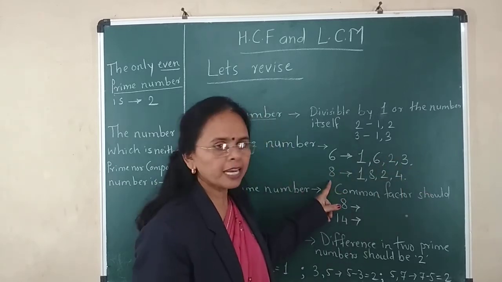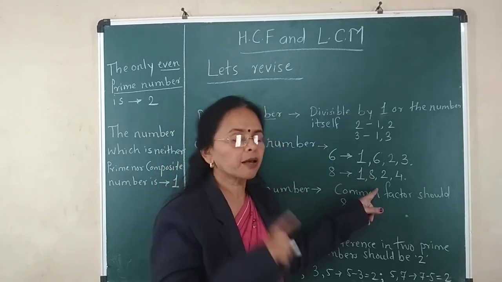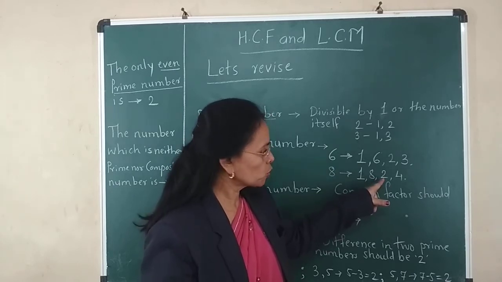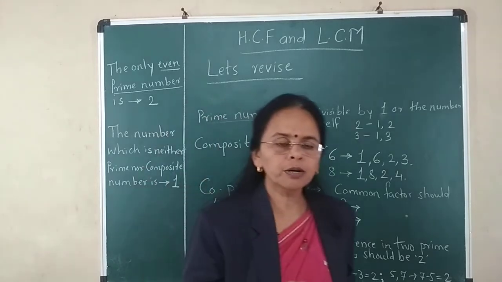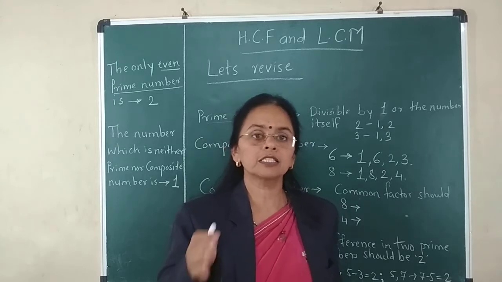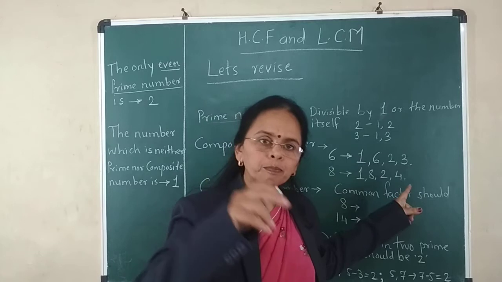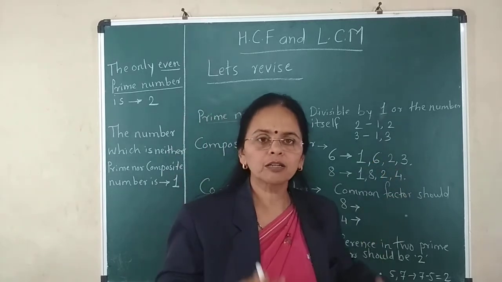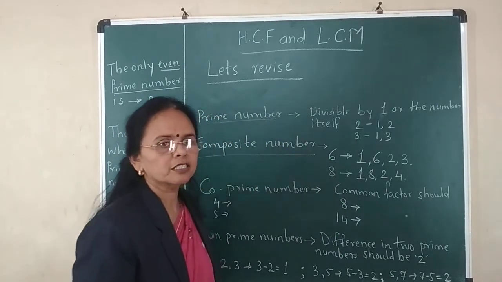In the same way, 8 comes in the tables of 1, 8 the number itself, plus it comes in the tables of 2 also and 4 also. When a number is divisible by 1, the number itself and other numbers, that is called a composite number.